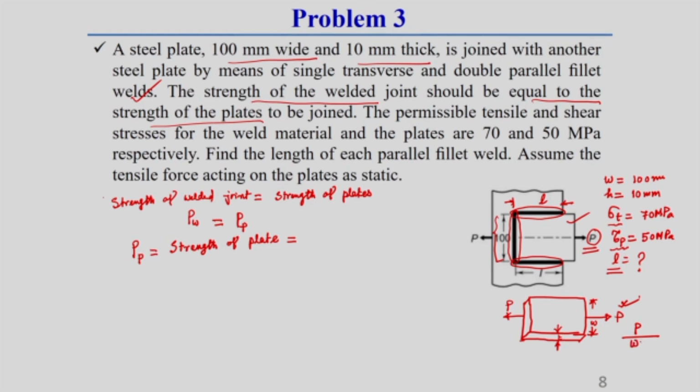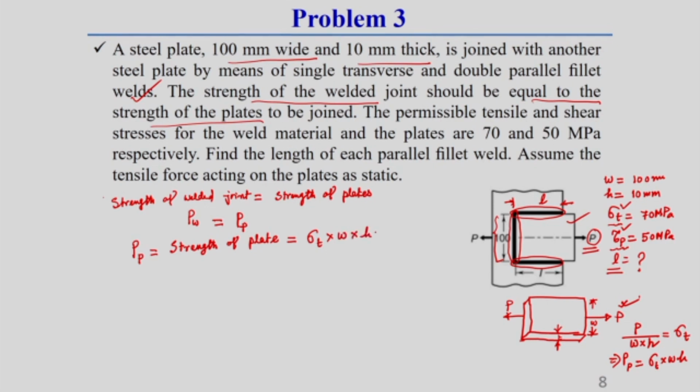So, cross sectional area will be W into here plate thickness is considered T equal to H. So, you can write P by W into H. Then the strength of the plate, this will be your sigma T. So, we can write Pp as sigma T into W into H, because here it is already given the strength of plate as well as strength of weld are same, that is why. So, Pp we can write as sigma T into W into H.